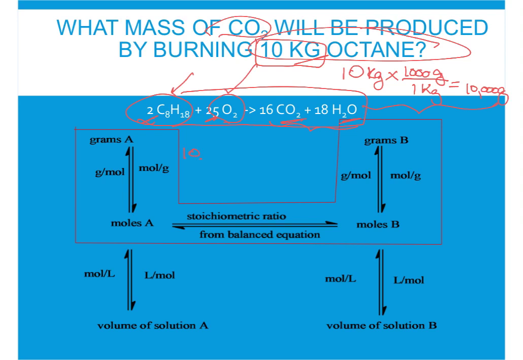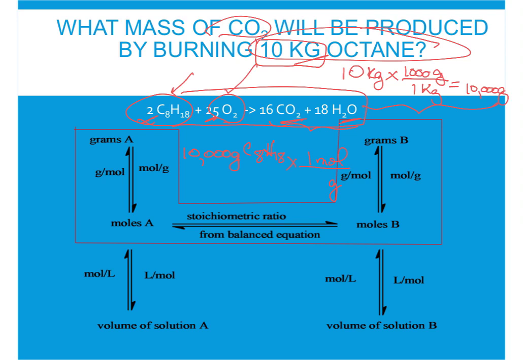So right off the bat, even if I wasn't quite sure what I was doing, I would convert the grams that I have of octane into moles, okay? And anytime you're converting between grams and moles, or moles to grams, you need the molar mass. So real quickly, look up the molar mass of octane.